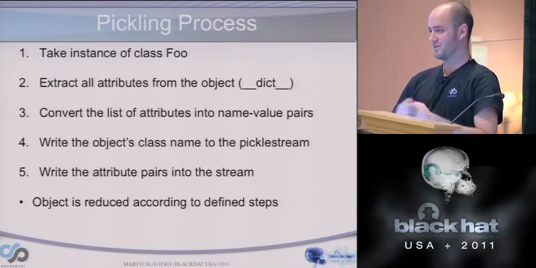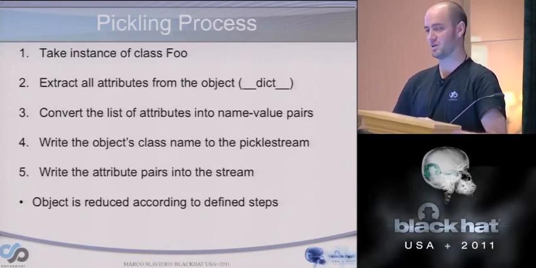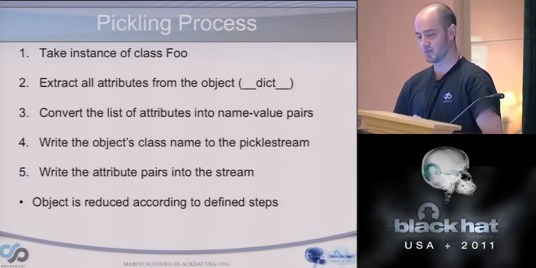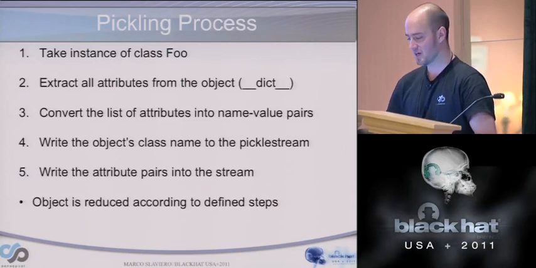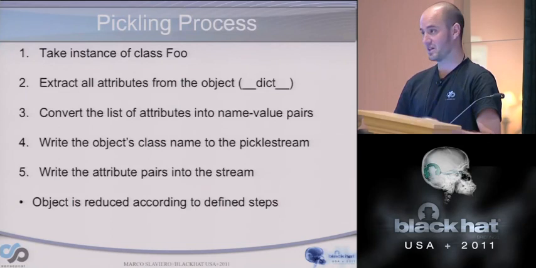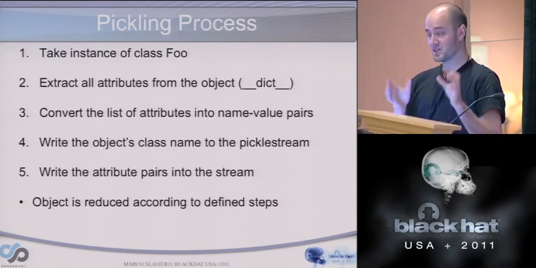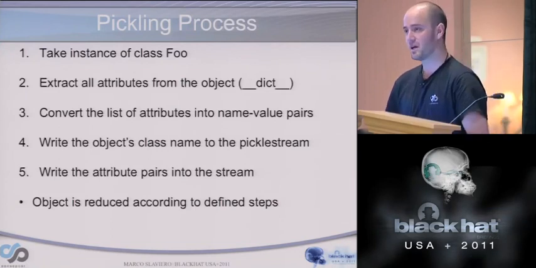In other words, we can frame it even more broadly and say it pulls out a list of all the local variables. It's not entirely true, but it works for our purposes. So we have a list of local variables, and we have the name of the object, and those get written out in a structured way into the stream of bytes.